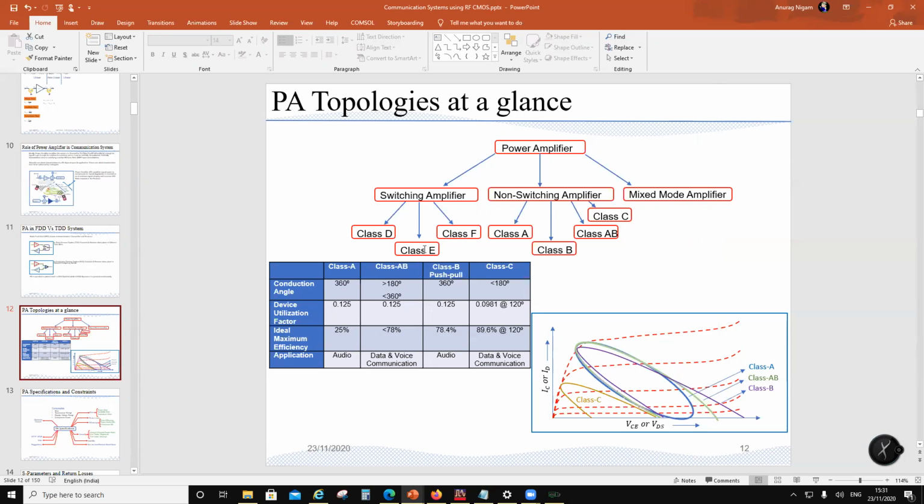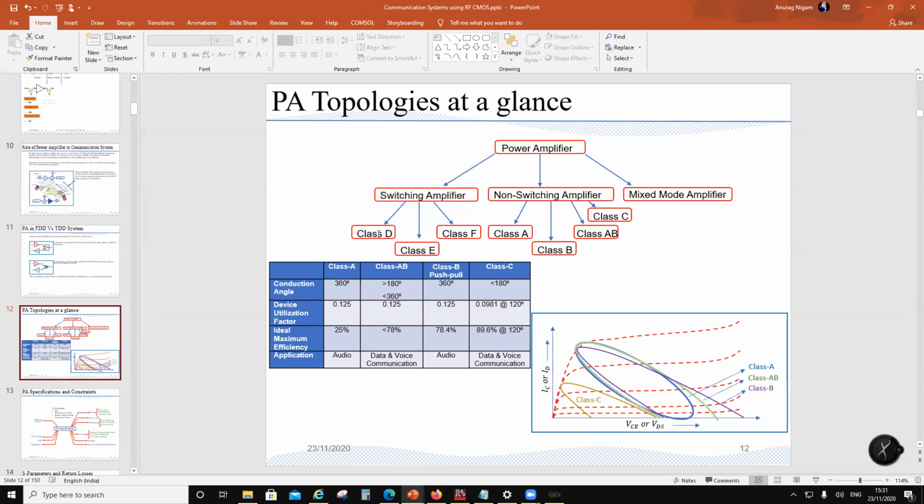For class E, the device utilization factor is 0.0981 ideally, and for class C at 120-degree conduction angle, you will see the same. Device utilization factor is the ratio of the maximum power you can put out from a topology to the maximum power a device can handle. So class E is 9.8%, while class F is 15.9%.